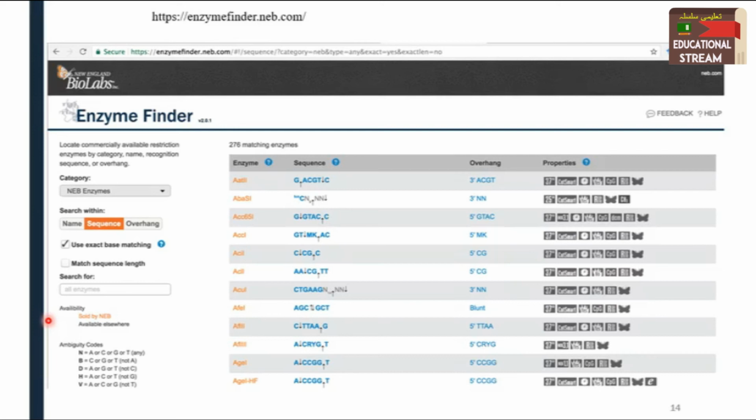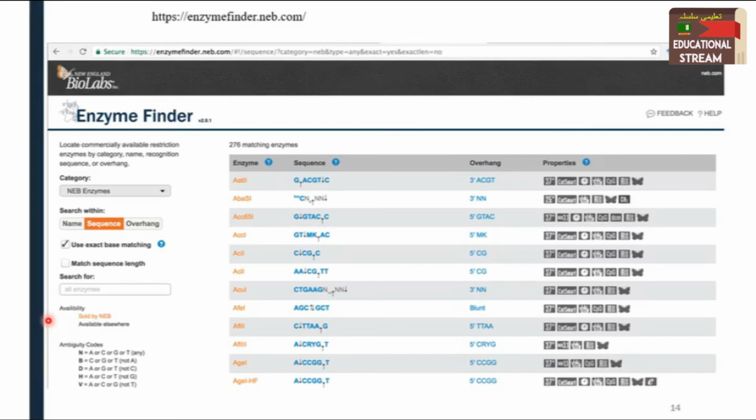Why do you want to clone the gene? Either you want to clone the gene to make its multiple copies, or your purpose is to express it in the host organism or host genome, and then you want to purify the protein. So depending upon the purpose of your study, you select the vector and what restriction enzymes you will use.